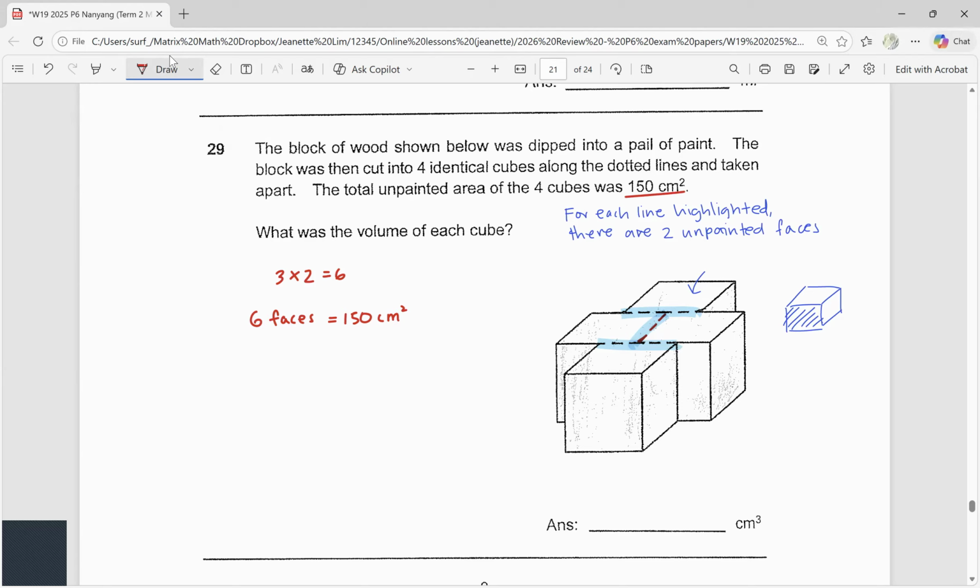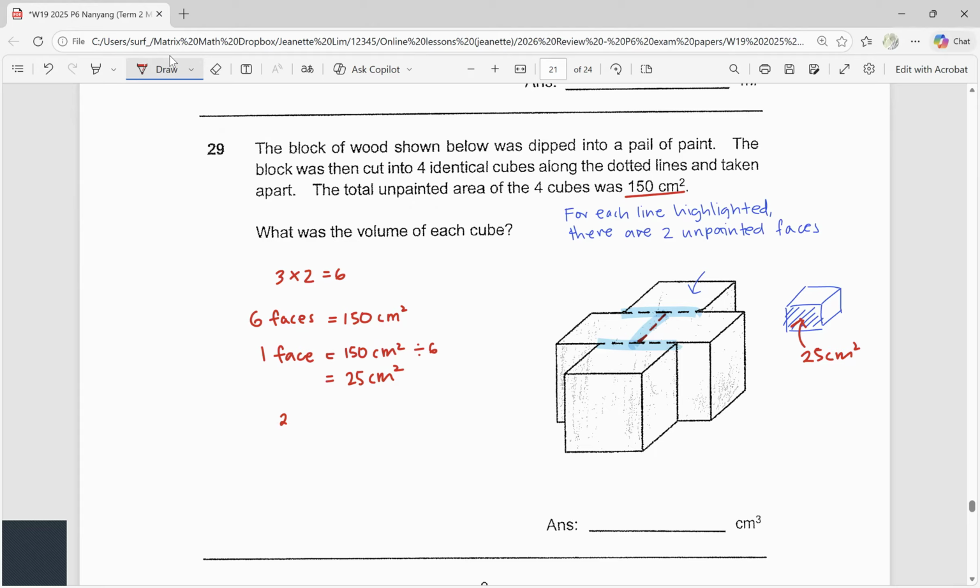Unpainted area. Then one face would be 150 square cm divided by 6, which is 25 square cm. Which means that this part here is 25 square cm. You want to find one side first before you find the volume.